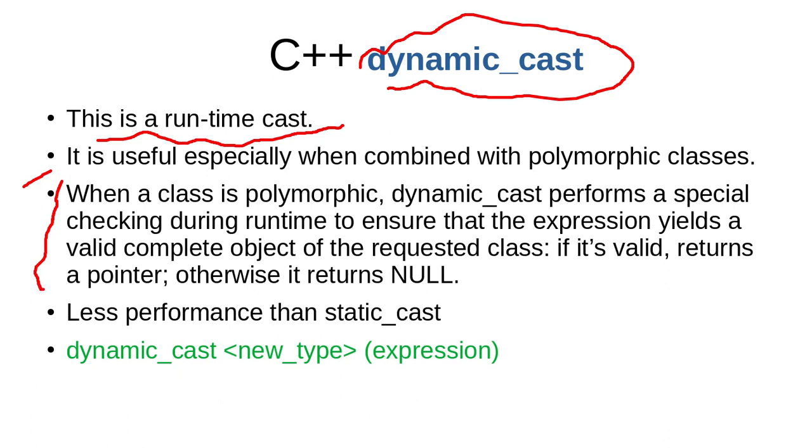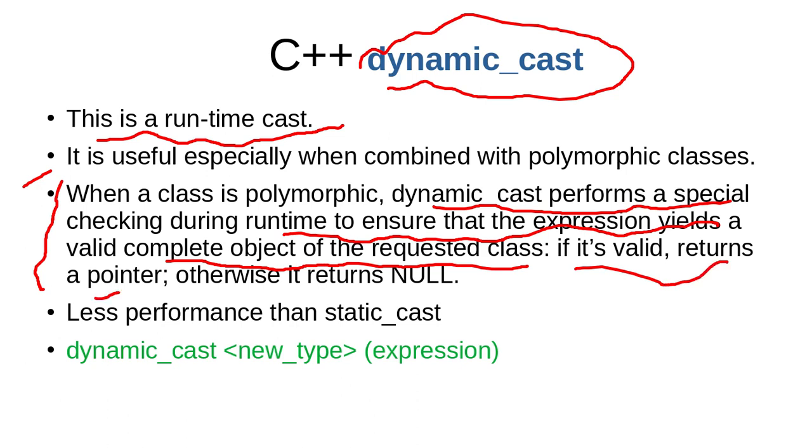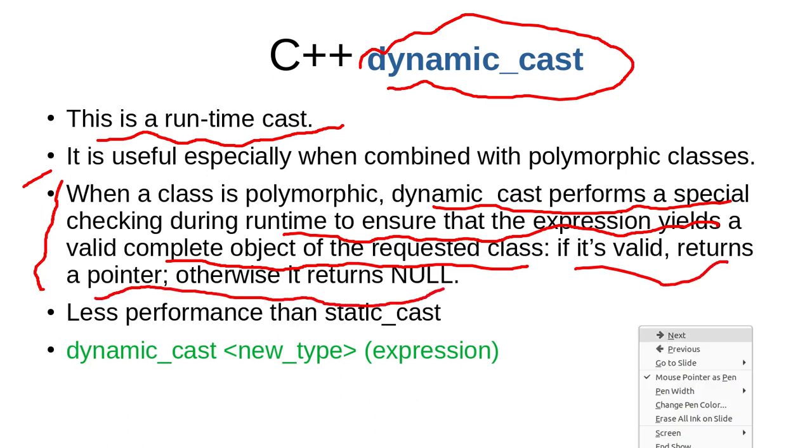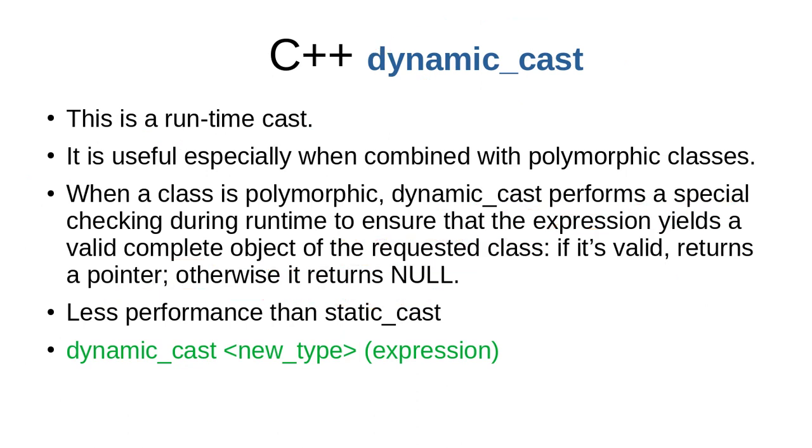When a class is polymorphic, dynamic cast performs a special check during runtime to ensure that the expression yields a valid complete object of the requested class. If it's valid, it returns a pointer, otherwise it returns null. This is very important. When you do a dynamic cast from the parent pointer into the child and this is a correct conversion, then a pointer of the derived class will be returned from the casting, while if it's wrong, a null pointer will be returned.